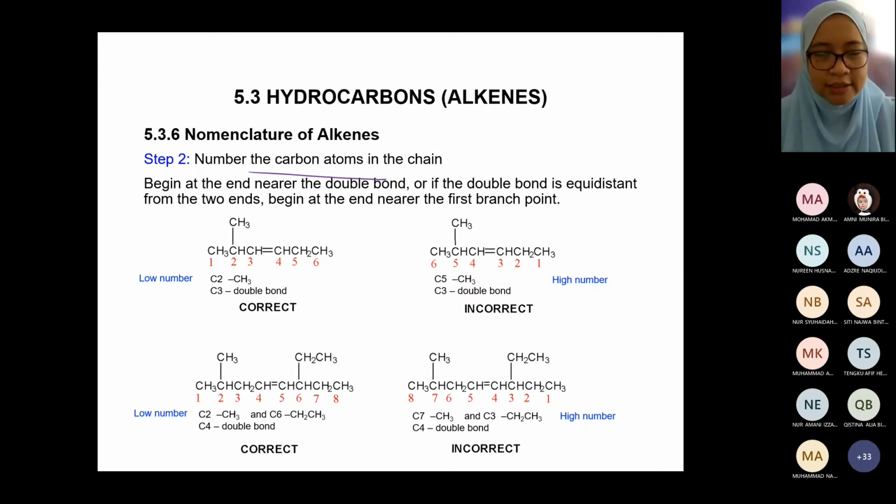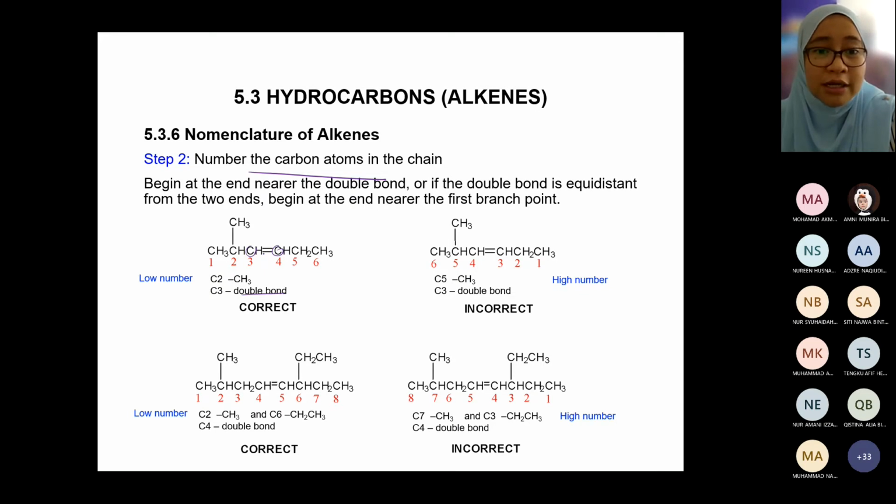Numbering. The target is to make sure that the functional group has as low a number as possible. How do you know? You have to try and error there. For example, in the same molecule, we have C3 and C4 with the double bond.